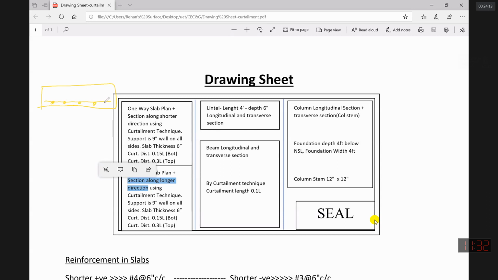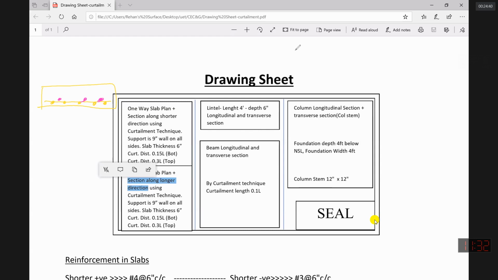Now these dots would be either above the line or below the line. So basically you have to think that according to the sectional view, your dots would come above the line or below the line. Okay, this only you have to think.